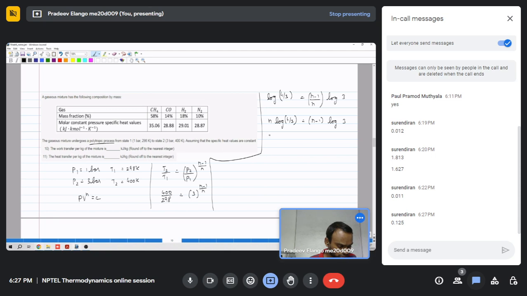So this is 0.125 into n equal to, similarly, log of 3, this is 0.477 into n minus 1. Now we have to solve for n.